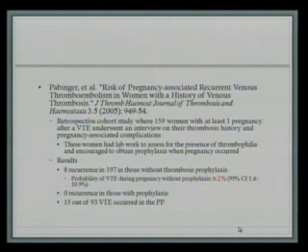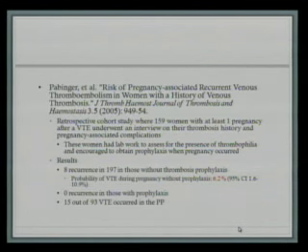Pabinger did a retrospective cohort study where he wanted to assess the rate of recurrence in women with previous blood clots. So these 59 women underwent lab work to see if they had thrombophilia, and if they did, they were encouraged to discuss prophylaxis with their primary OB provider.